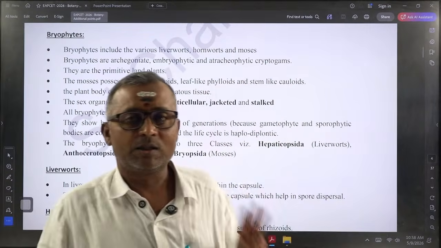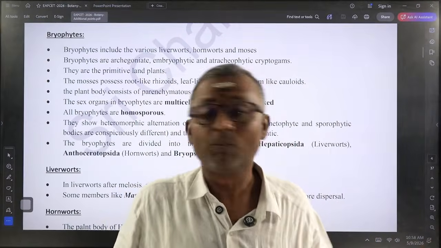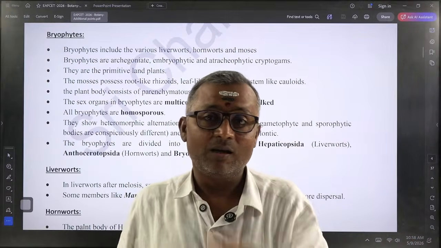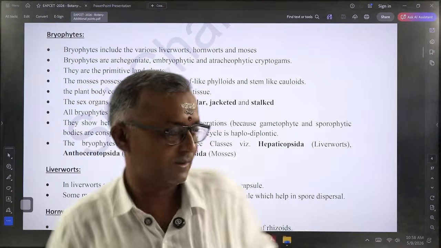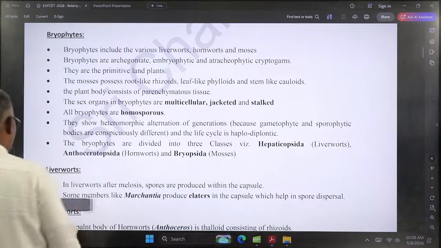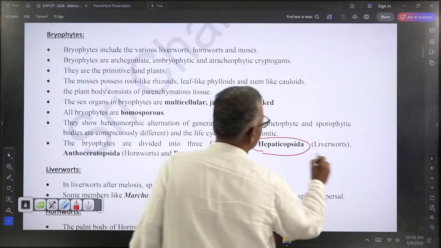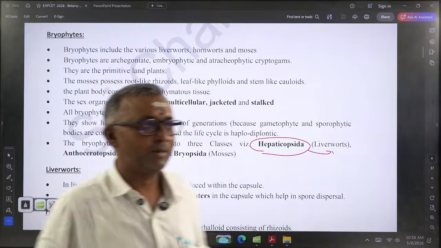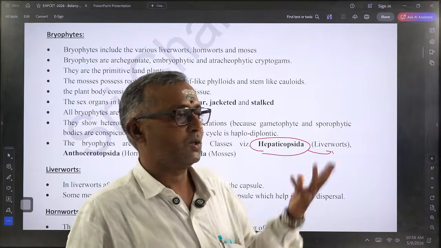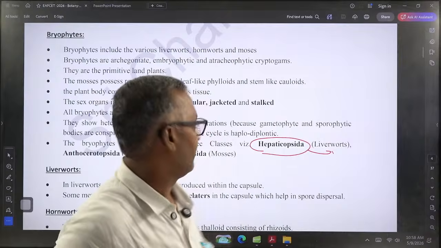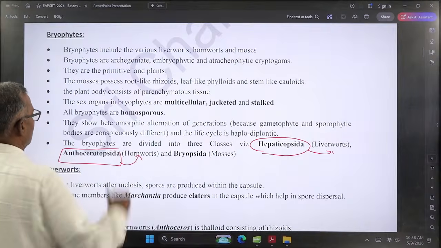As I said, these bryophytes have three different classes as per the state book. In our NCERT, we just studied only two classes, but in the state book, they gave three different classes. One is Hepaticopsida, that includes liverworts. Hepatic means liver. So their body appears like a liver. Next, Anthocerotopsida, that is hornworts.